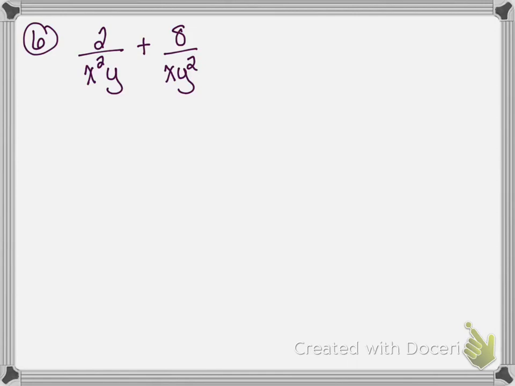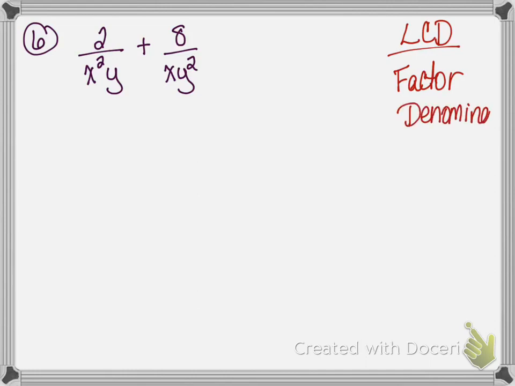So that is what we have to find here, is our LCD. We have to find our LCD. And the way we find our LCD is we factor just the denominator. So we're going to factor the denominator. Okay. So having the correct LCD is the key to getting 6, 7, and 8 correct.